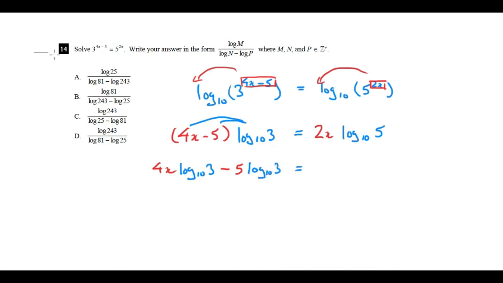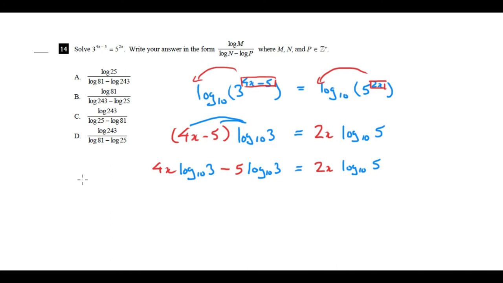And then simply just recopy the right-hand side. Nothing to do here yet. So that's going to be equal to 2x times log base 10 of 5. So we're getting all kinds of logs. We now have 3 different logs in our equation. Now, 2 of them are the same right now, but let's not worry too much. We'll sort things out here and hopefully get 3 unique logarithms in our final answer.